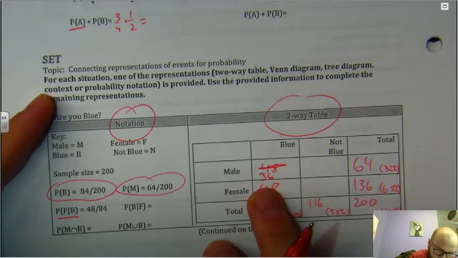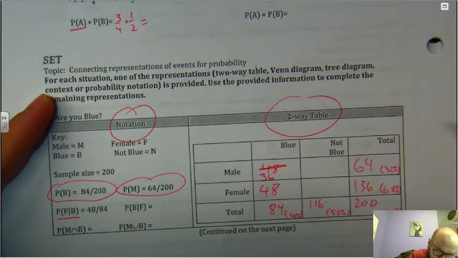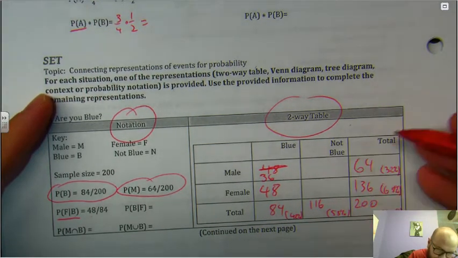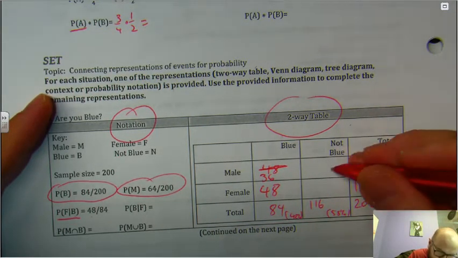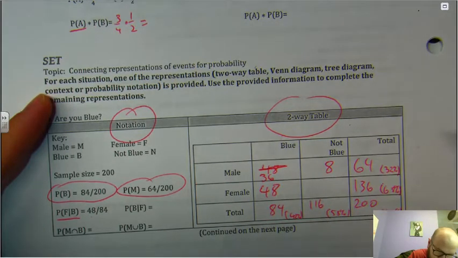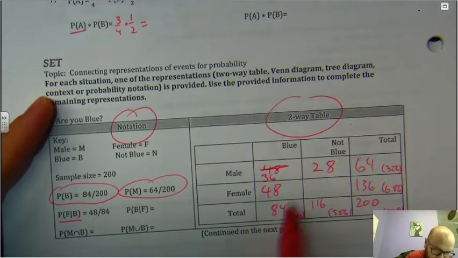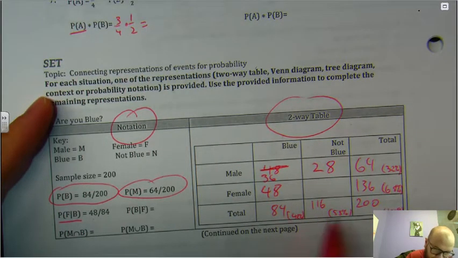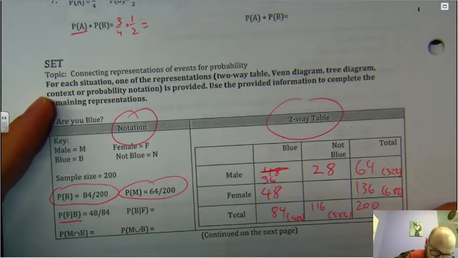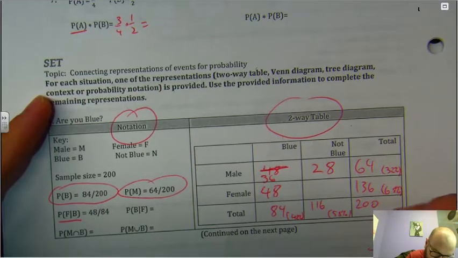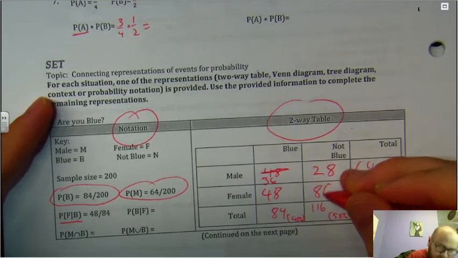If 36 males are blue, that means the rest of the males are not blue. 64 minus 36 is 28. And then same here, 116 minus 28 is 86, okay?